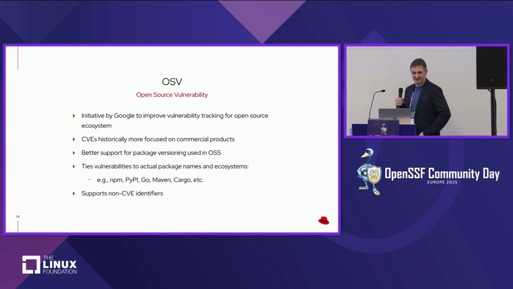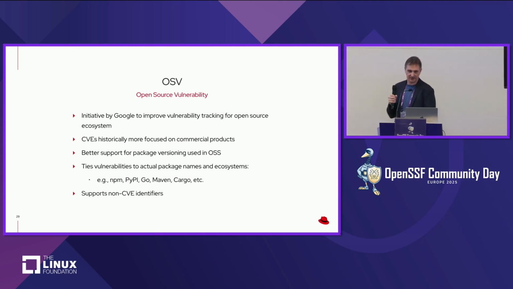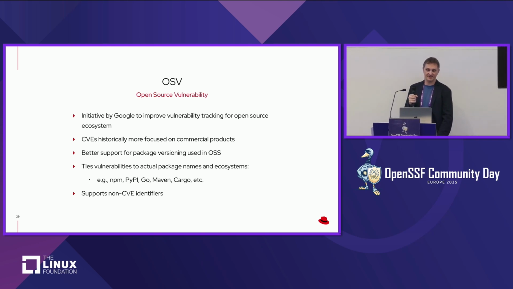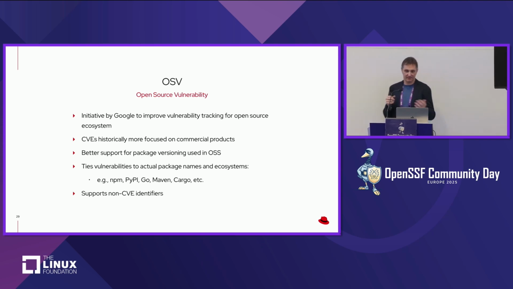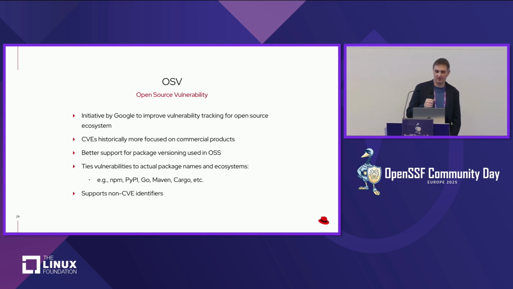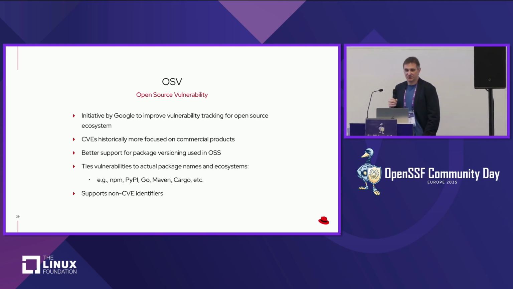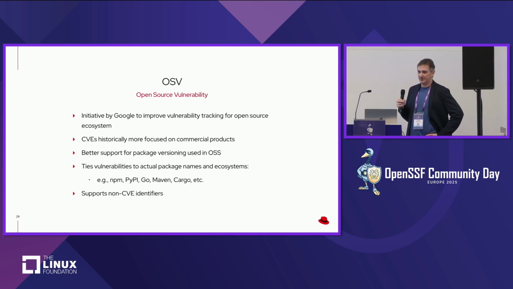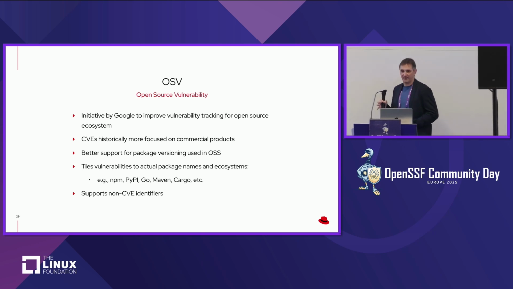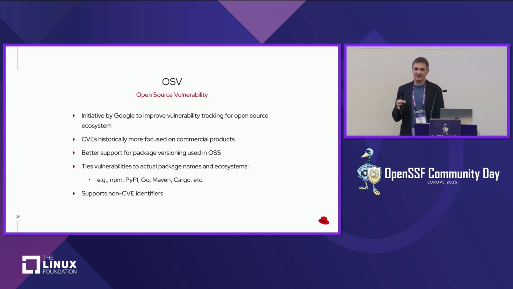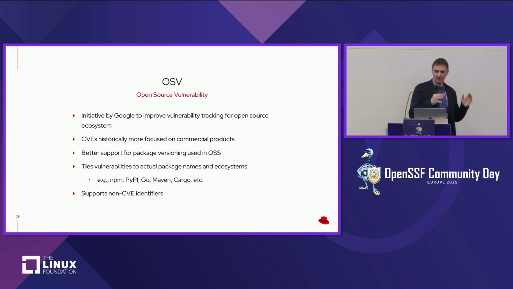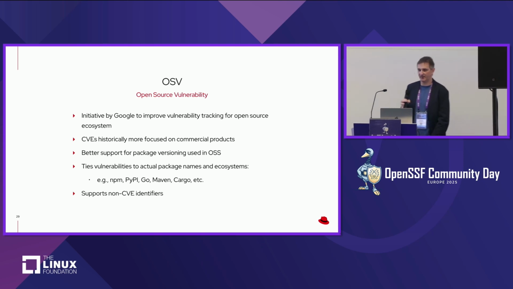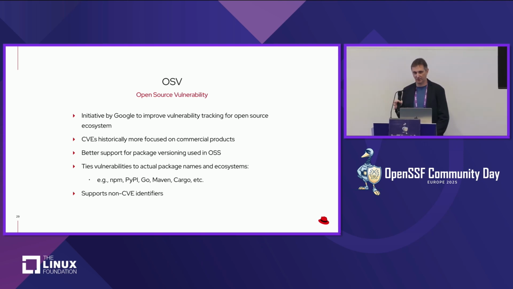On top of CVE, there are also a couple of more recent efforts to provide a better vulnerability disclosure for the open source world. And one of them is the OSV, or Open Source Vulnerability Database, which helps us to actually deal with disclosing vulnerabilities in a more natural way for open source products. So everything is basically based on PURLs. So we are not trying to identify the whole operating system or packages.